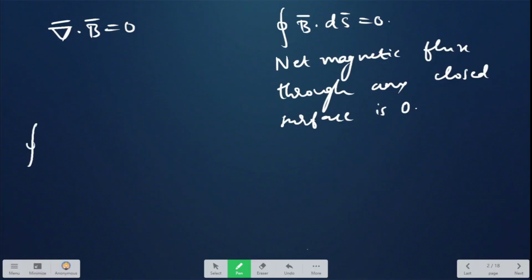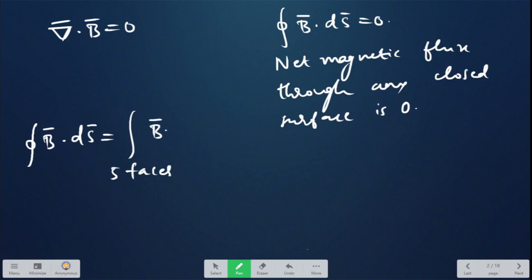Therefore, closed integral B dot ds is equal to integral over 5 phases B dot ds plus integral over shaded phase B dot ds.